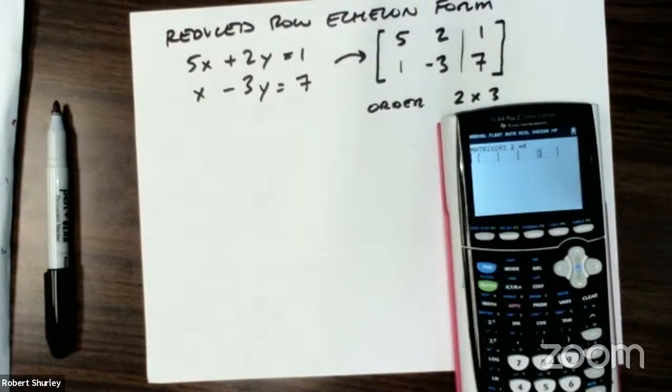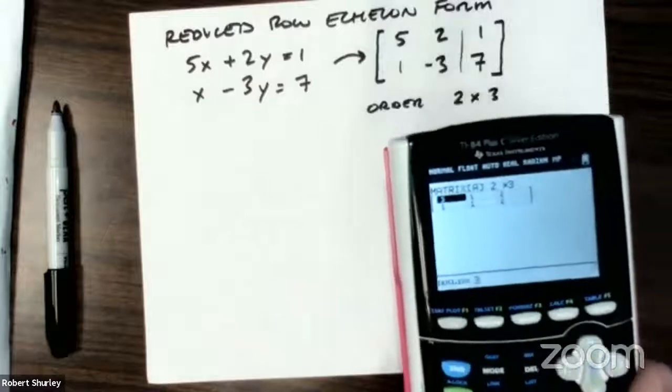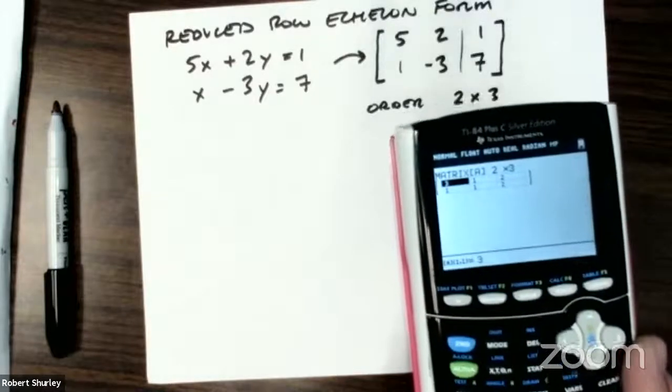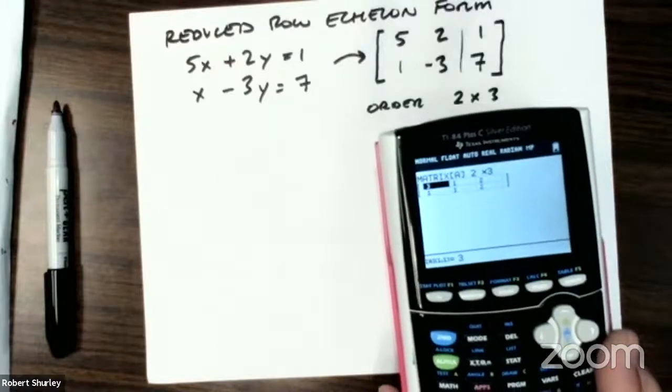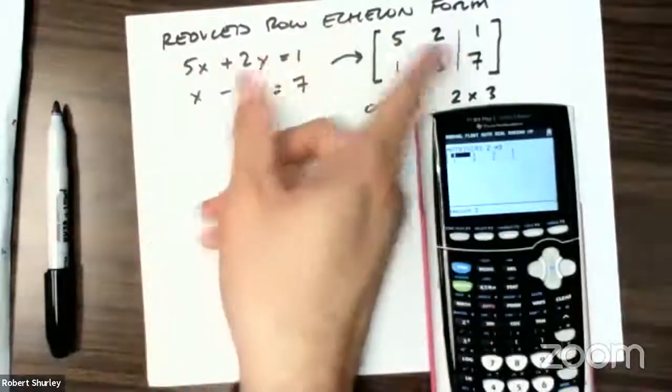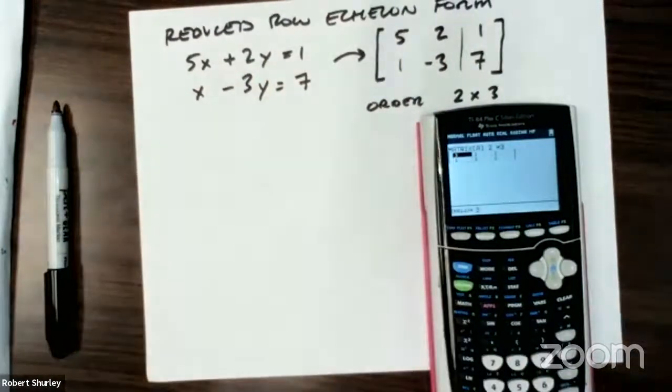2, enter, 3, enter. Now, if you've never done this before, it's just going to be all zeros there, right? Now, I've had an old matrix in here, so it already had something in that edit window. So now I'm going to put this matrix into those spaces, okay? So I've got 5 first, 2, and then a 1.